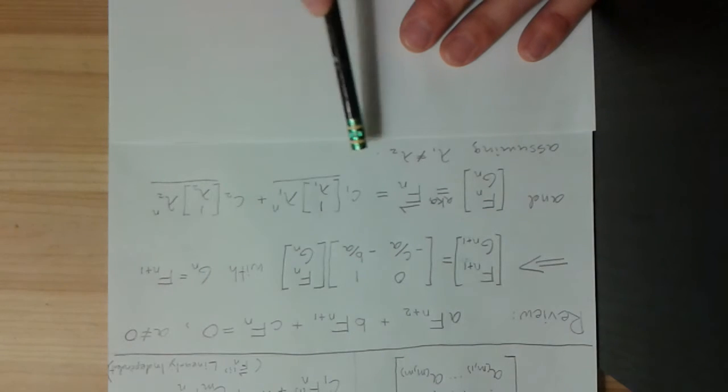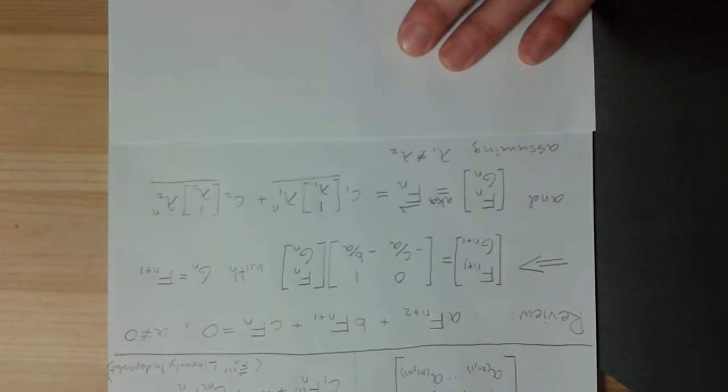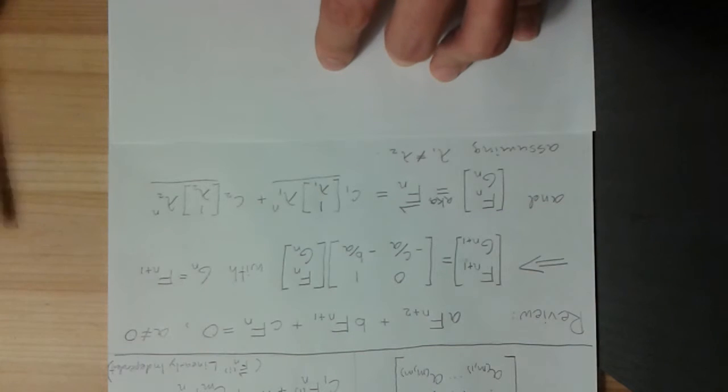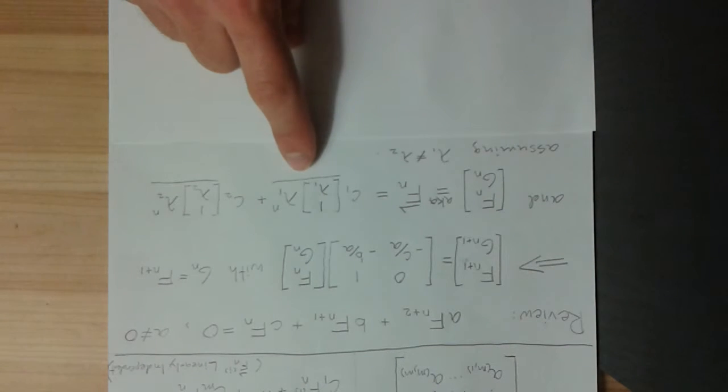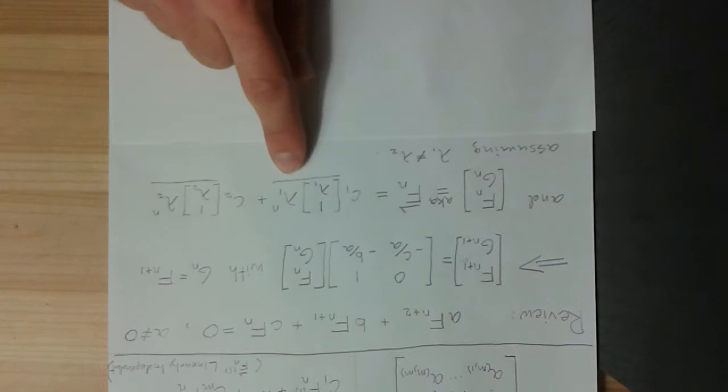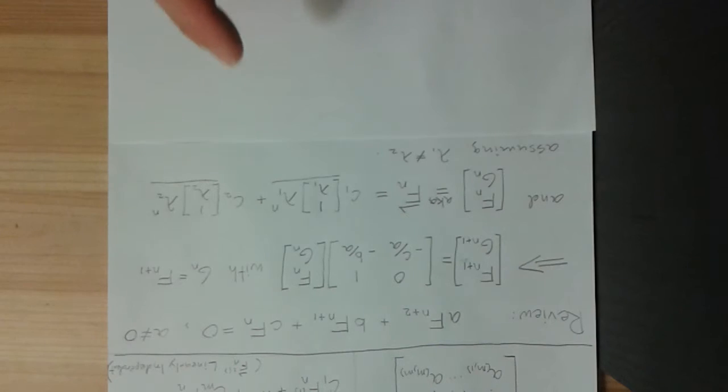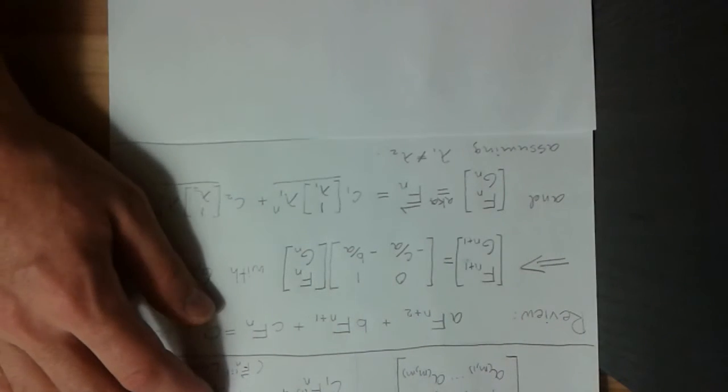And so the general solution we got was just a linear combination of those. So we can take this as a model, and we can use this to model a guess for the solution to the general equation.